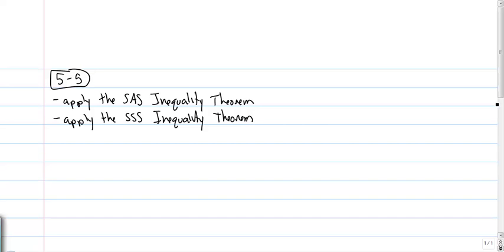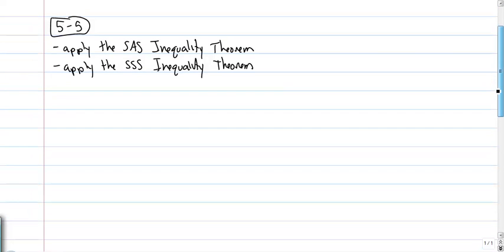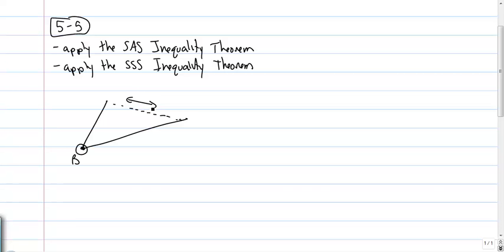The basic idea behind these theorems is, imagine for a moment that we had a pair of sticks, and we join those sticks at point B. Notice that when we take these pair of sticks and imagine that point B is a hinge, when I open this angle larger, we're going to make this side from A to C longer.